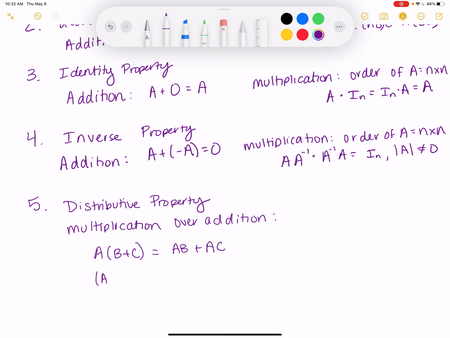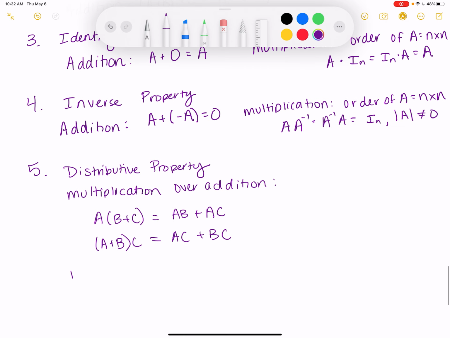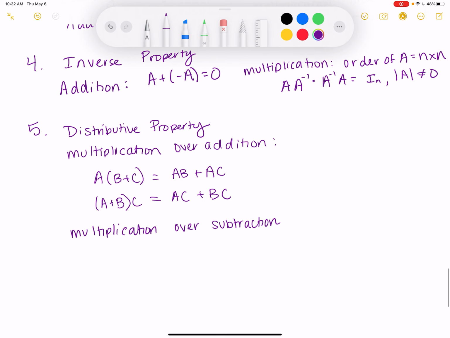(A plus B) times C is equal to AC plus BC. For multiplication over subtraction, A times (B minus C) is equal to AB minus AC. For (A minus B) times C, it's AC minus BC.